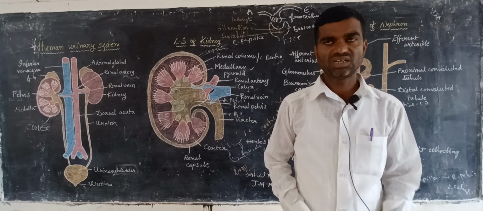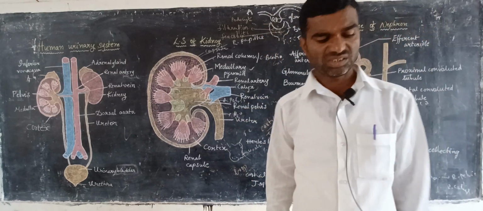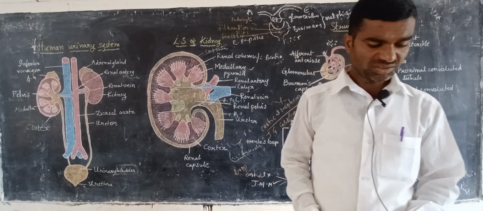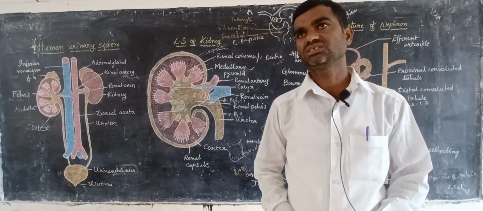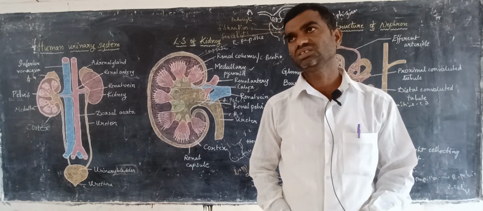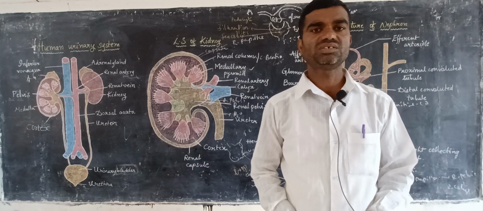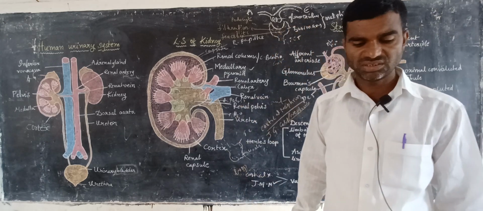The secretion is mainly by the PCT region and DCT region, and next the loop of Henle region, and the loop of Henle after the DCT region, and lastly it is forming urine. The urine is passing into the ureter through to the urinary bladder. So likewise, the excretory product is eliminated.